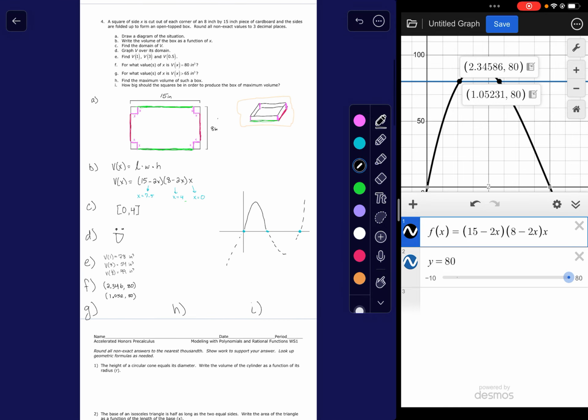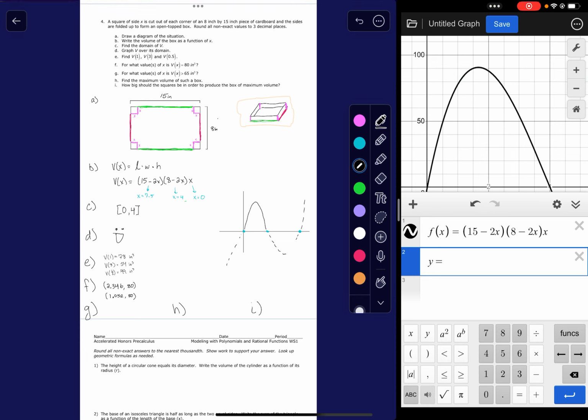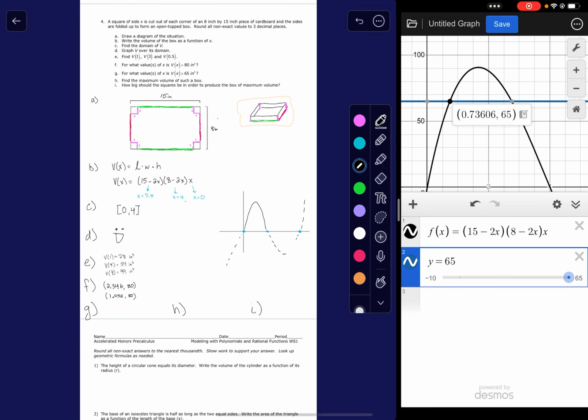Letter G. For what values of x is the volume greater than 65 inches cubed? Again, that's a y-coordinate. 65 is here. And so that's going to be the interval from the left x value to the right x value.